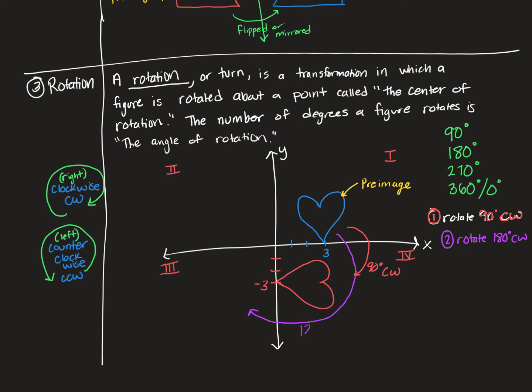This is 180 degrees clockwise. That would mean that my heart is now at -3 on the x-axis. So my heart, I have to turn my iPad. There's no way I can draw it backwards. Okay. My heart would look like this.